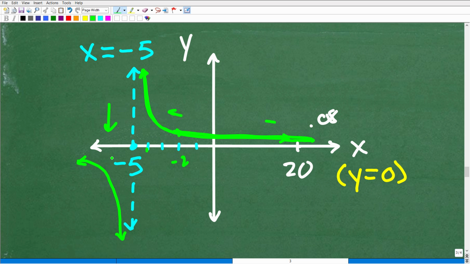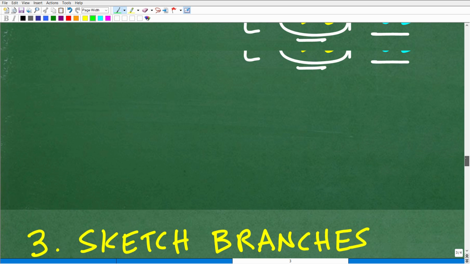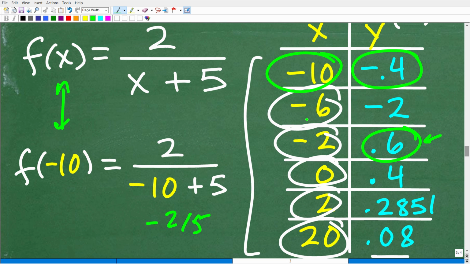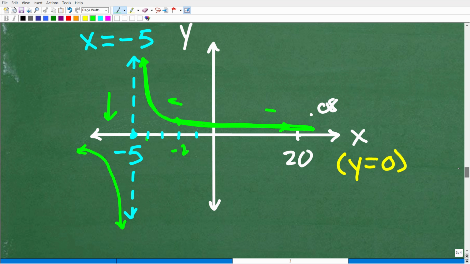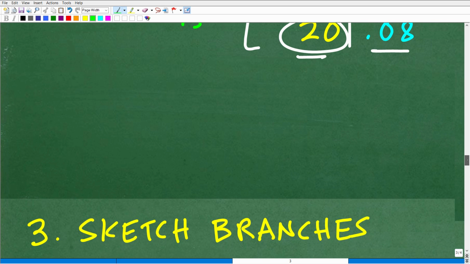That's why we want to see, hey, what's going on over here on the negative side. So when we go to the left of that asymptote, so like -6, we have -2, right? So -6, let's go down here. So this would be like -6 right here. It goes down -2, so that's down right there, okay? So you see, oh, this is a point, and generally too, there's going to be some symmetry with these branches, not all the time, but just as a general characteristic.